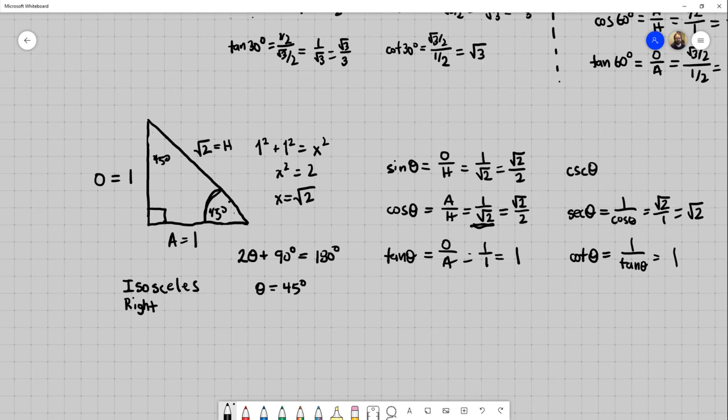And cosecant of theta is the reciprocal of sine of theta. Again, I'll use that version of the fraction, root 2 over 1, which is root 2. Okay, so those are, I guess, sorry, all these thetas should be 45 degrees here, as I'm filling in the 45 degrees for all of these thetas.